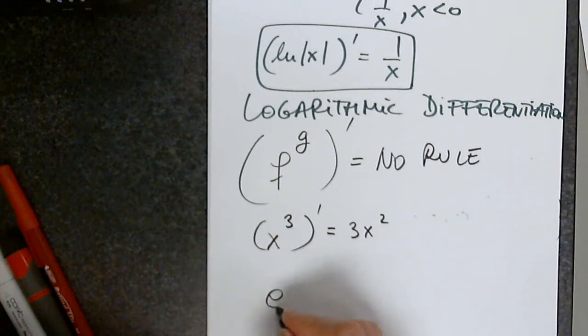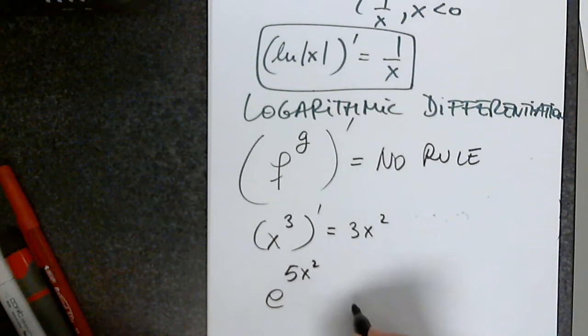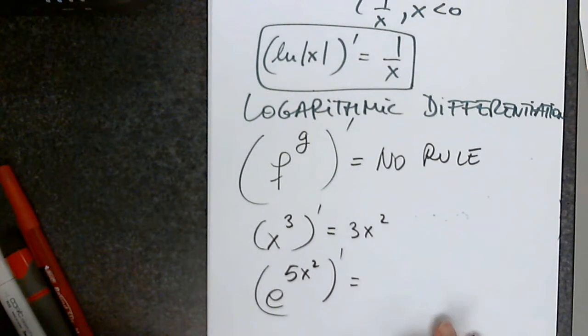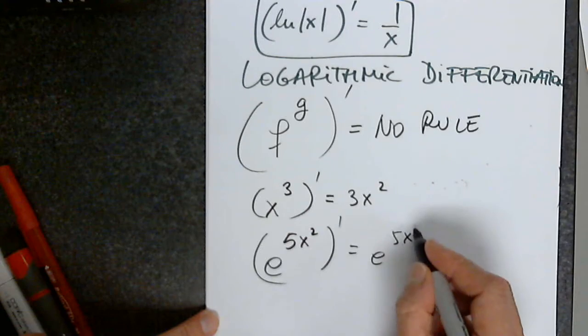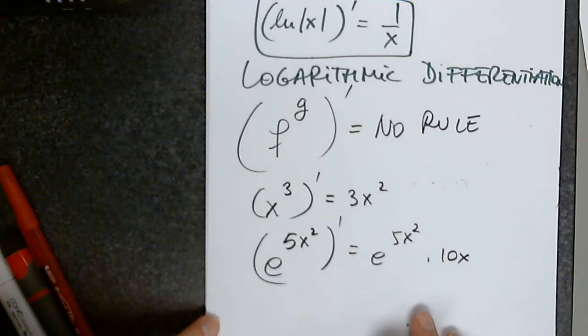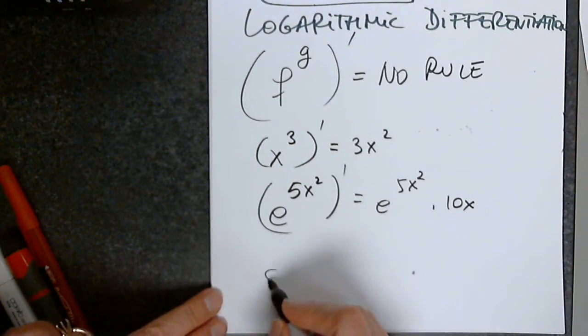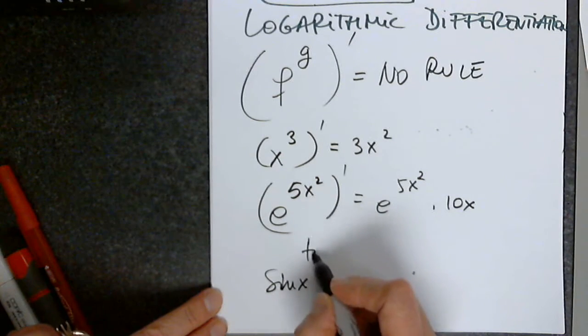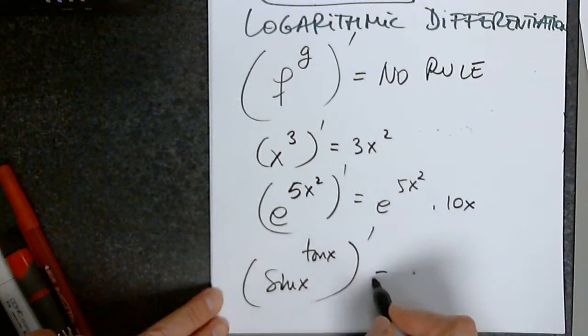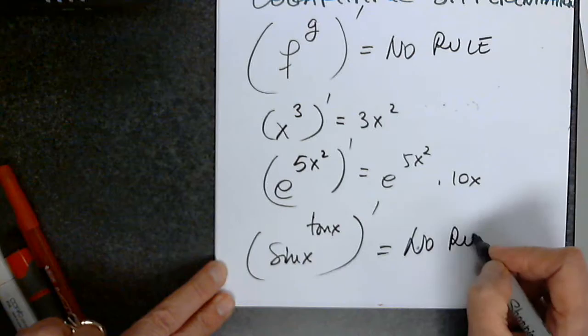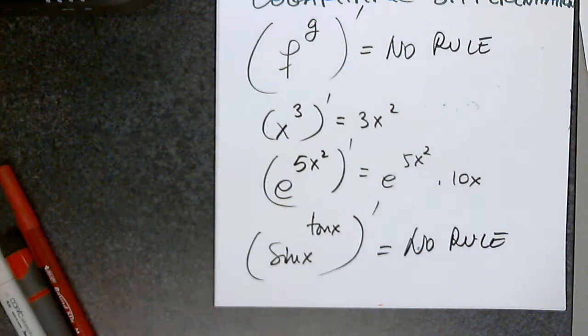I can differentiate e to 5x squared, and I get e to 5x squared times 10x. But I cannot differentiate sine x raised to tangent x. No rule. You know, differentiate a function raised to another function.